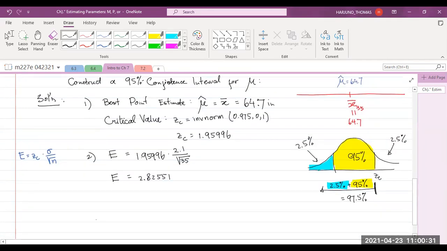So step 3. Always start with the declaration. Always declare. 95% confidence interval for mu.